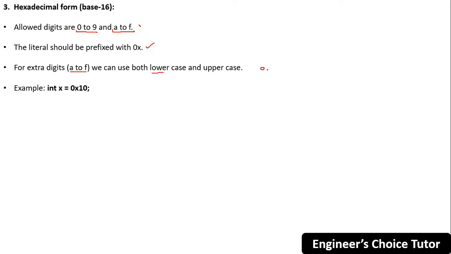You can use either small a or capital A, small b or capital B, no problem, small f or capital F. Both are the same. For example, the same 10 I have represented here in hexadecimal form by prefixing it with 0x. So it is in hexadecimal form now.